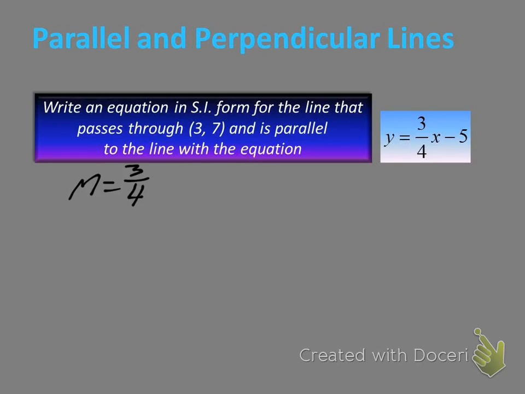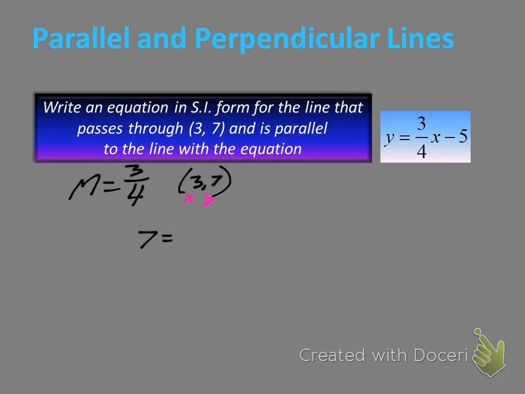And you want your line to go through the point (3, 7). So there's your slope. Here's an x. Here's a y. Plug it in.